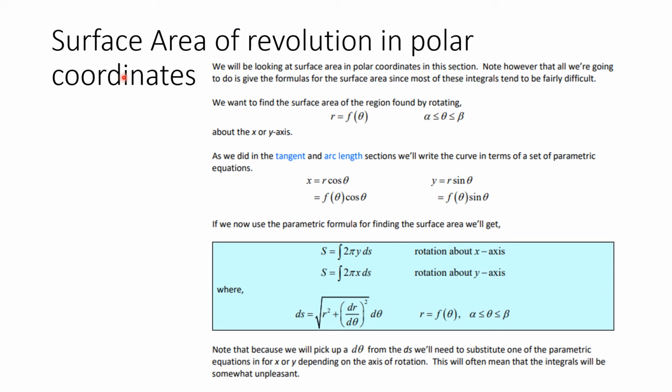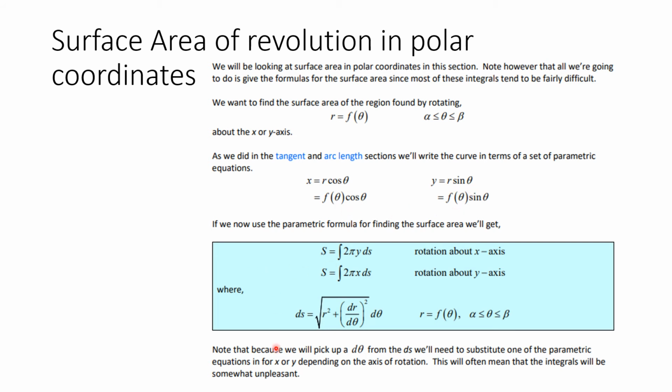Now you might say, well, what about surface areas of revolution in polar coordinates? Well, I've got to tell you, it's going to work pretty much the same way. So we start out again, r equals f of theta, and x is r cosine theta, y is r sine theta. You see this looks really familiar.